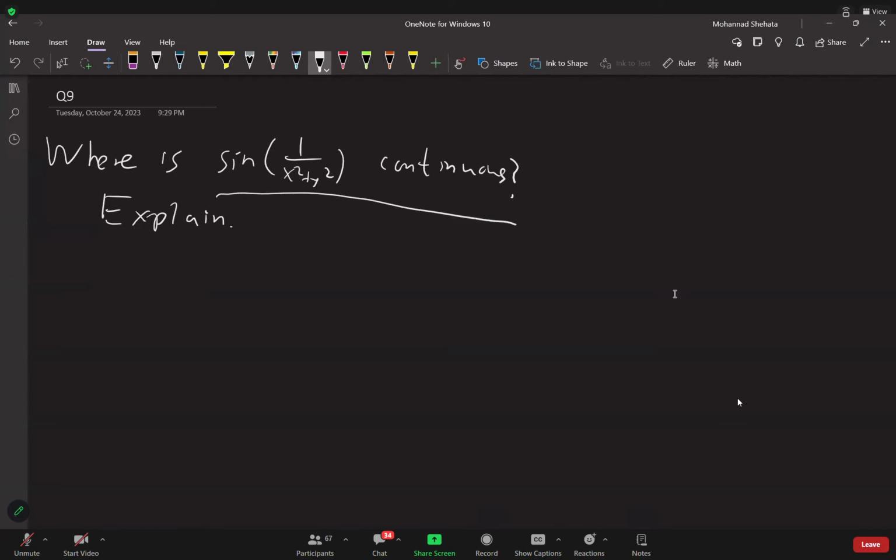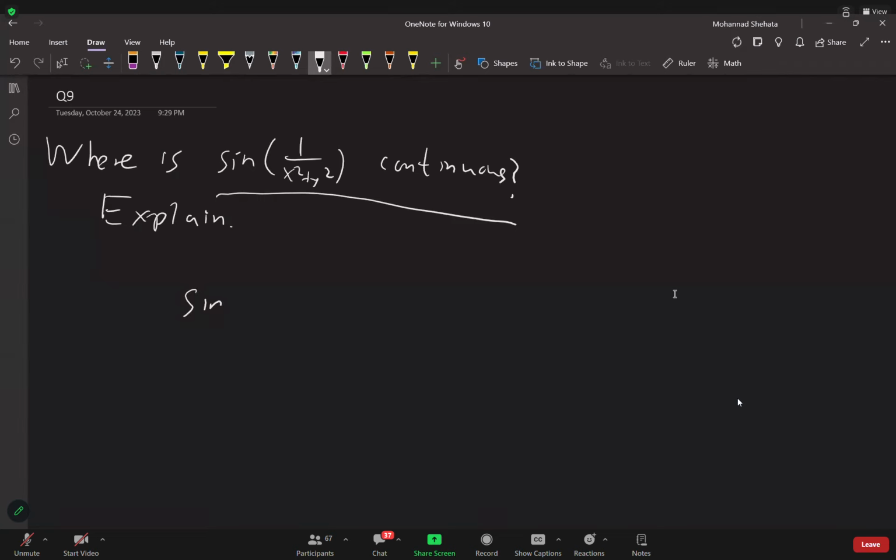All right, so what's the domain of this function first? Yes, when does that happen? When does x squared plus y squared not equal 0? Yes, exactly.